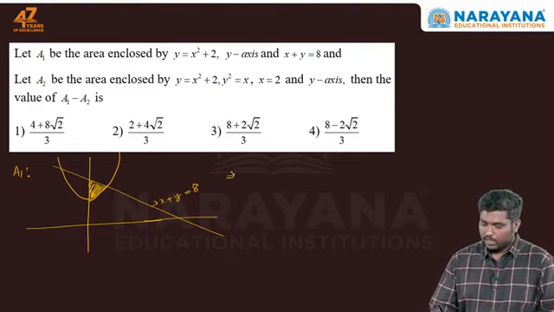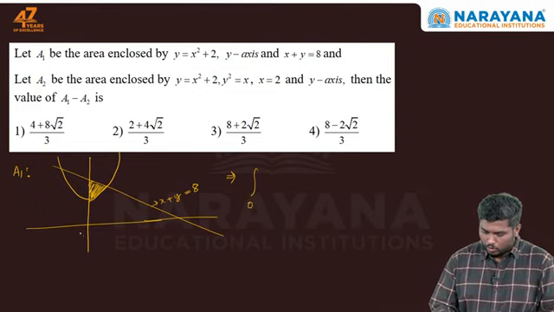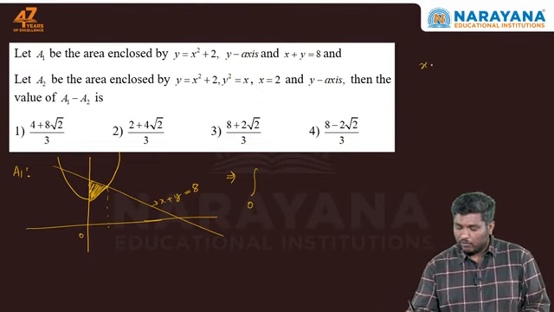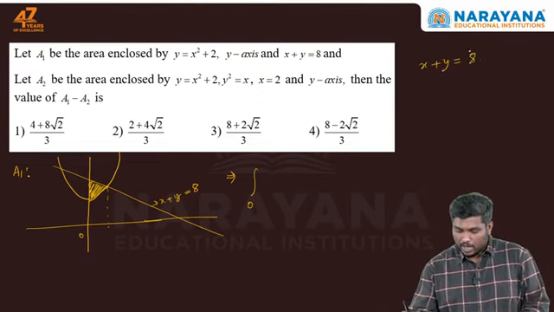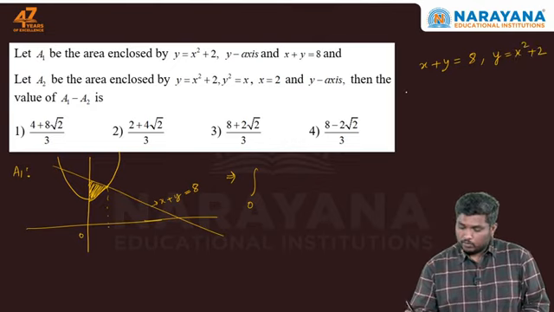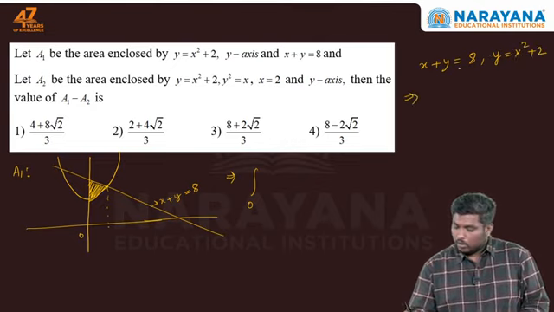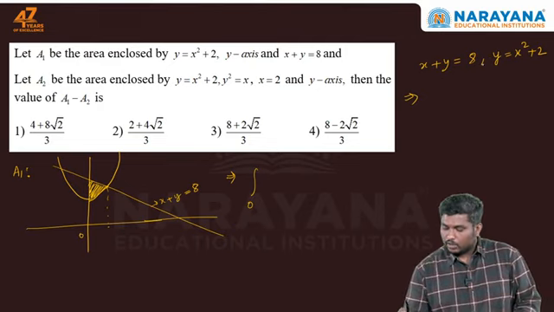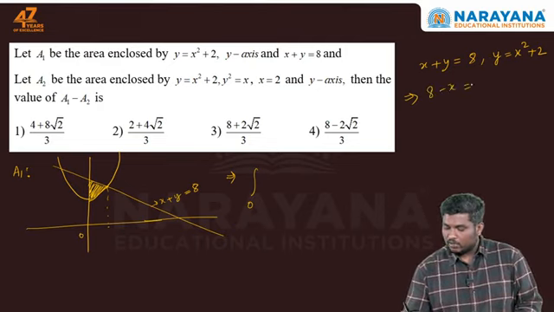So how do you find this area? You need to find the intersection points, 0 to this particular point. What is this point? You need to solve x plus y is equal to 8, y is equal to x square plus 2. So you are going to equate both values. 8 minus x is equal to x square plus 2.